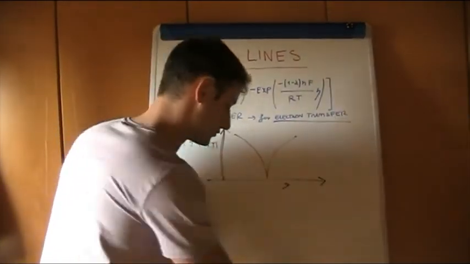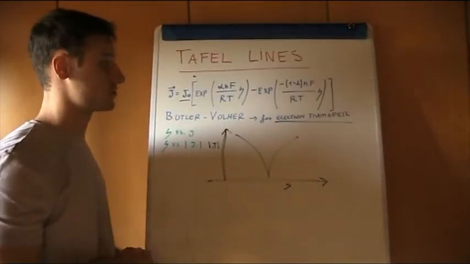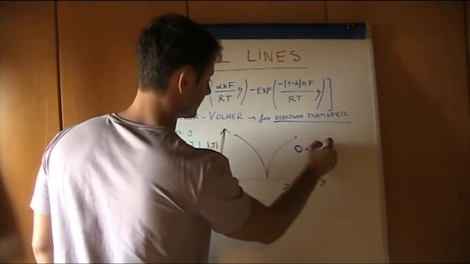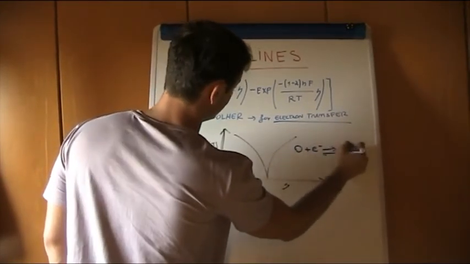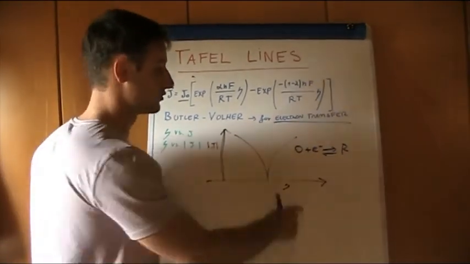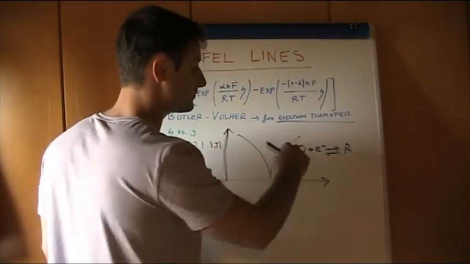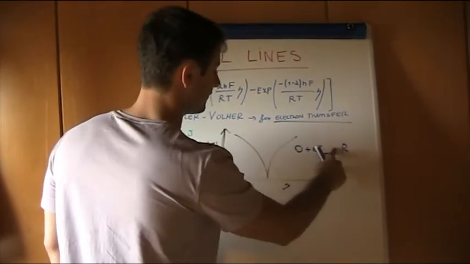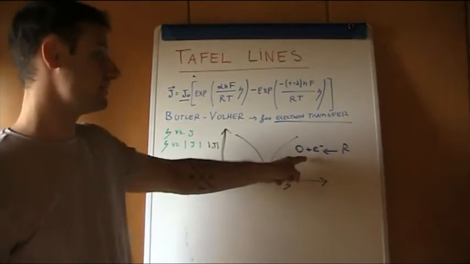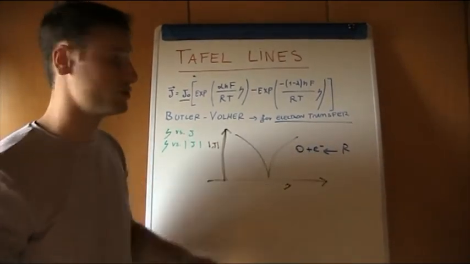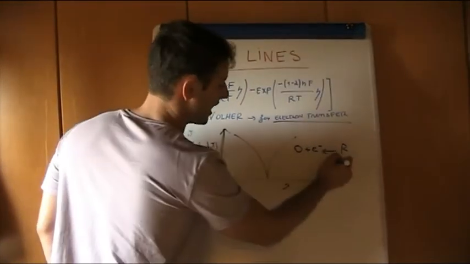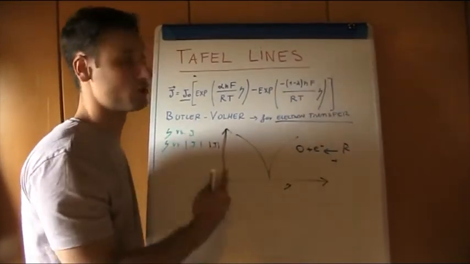So if we want to clarify this concept from a graphical point of view, we know that, for instance, if this is the dynamic equilibrium, we positively polarize the electrode in order to promote the generation of this species, but even if we are only able to appreciate the current associated with this reaction, an anodic current, because it's the major contribution, it's also true that we have even a small contribution of the opposite reaction.